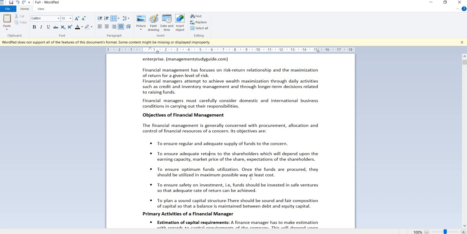Number 3, to ensure optimum funds utilization. Once the funds are procured, they should be utilized to the maximum possible at least cost. So what do you mean by this? So there are times that we have money in the business that we are not actually utilizing. So imagine a business having a cash of 100 million.